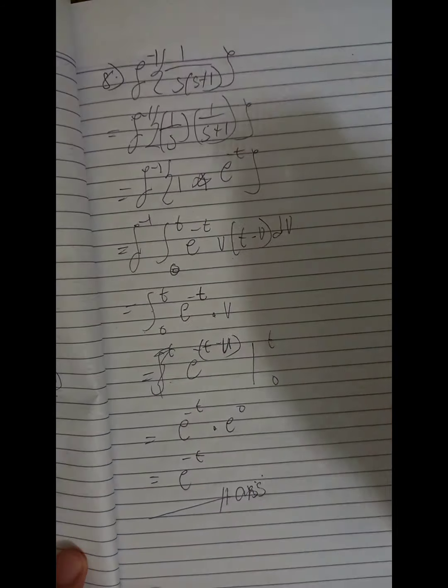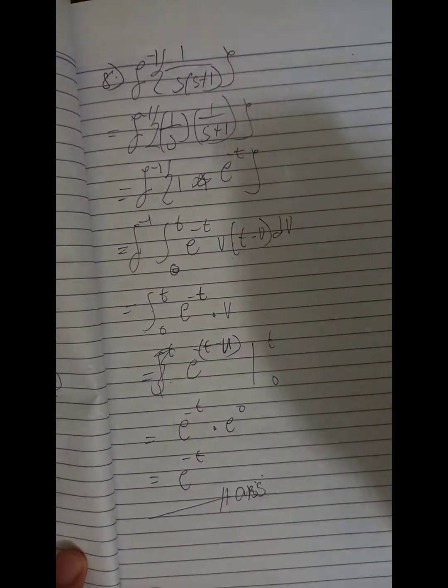Number 10 is the inverse Laplace transform of 1 over s plus 1 quantity squared. So first we have to separate the 1 over s plus 1 and the 1 over s squared plus 1. So we have to perform the inverse Laplace transform of each given, which is e to the negative t.